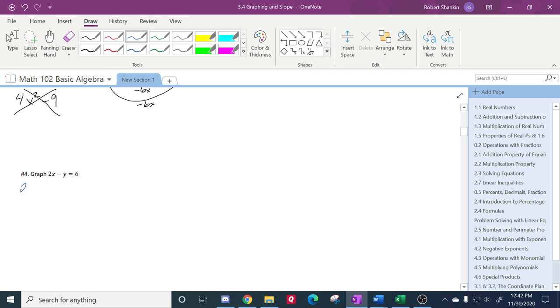There are two variables in one equation. That means you're going to have an infinite number of solutions. Okay, and then each solution is represented by a dot.